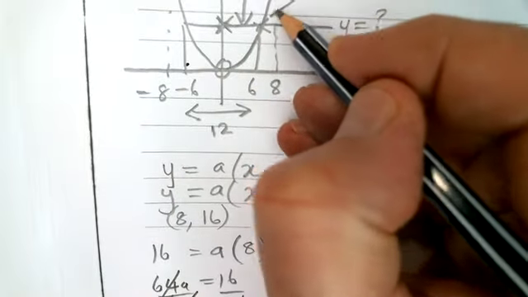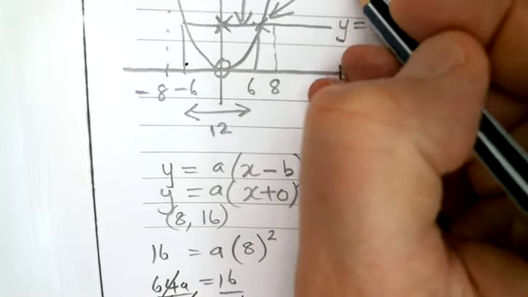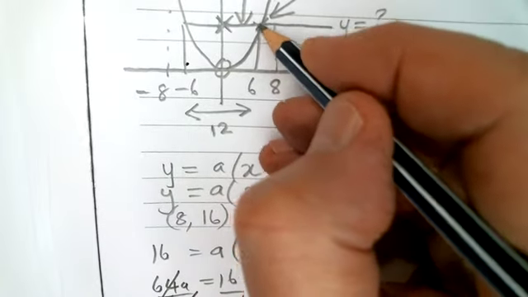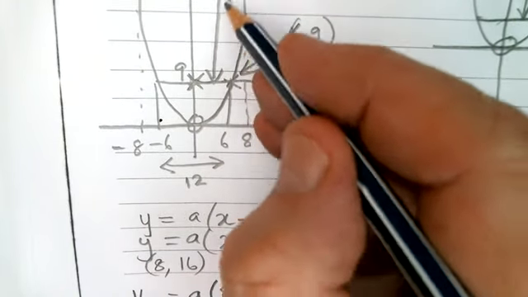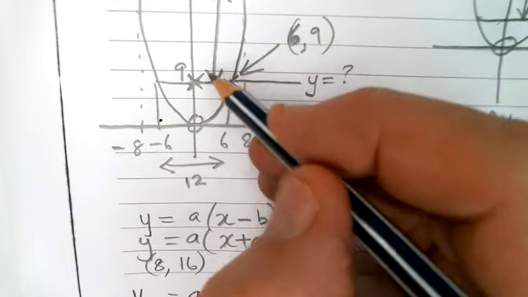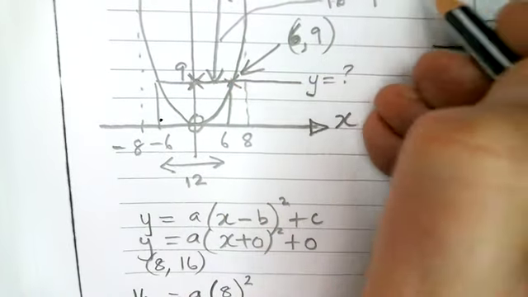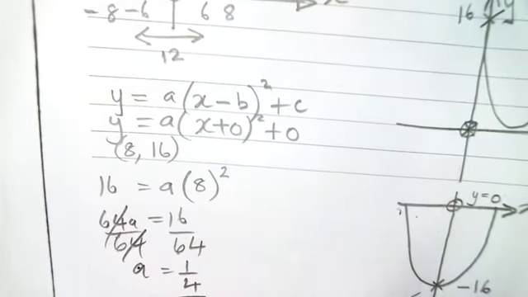So we know this coordinate is 6 along and 9 up. The question now is how far is it from here to here? Well, if that's 16 and that's 9, this point here is going to be 16 minus 9, which is 7.